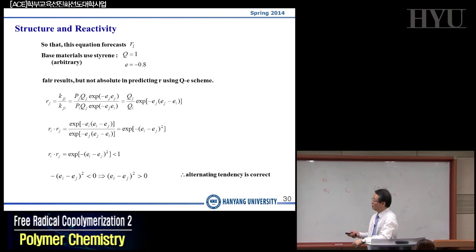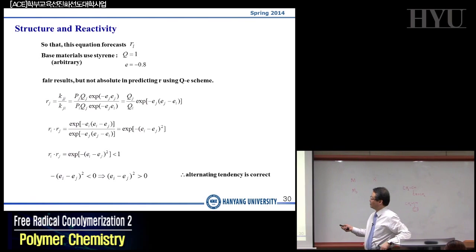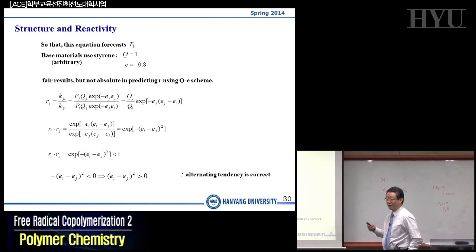Now you know Ri, but let's talk about Rj. Rj will be simplified with Qj and Qi with an exponential in E. If you multiply Ri and Rj, you can cancel out these Q values and come up with exponential minus Ei minus Ej, to the square.